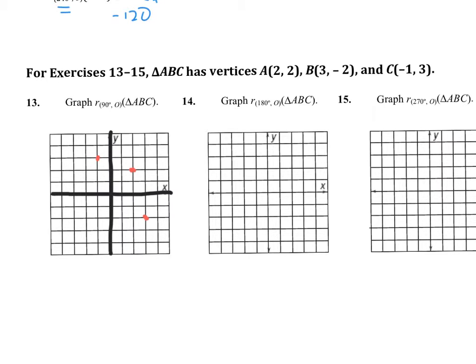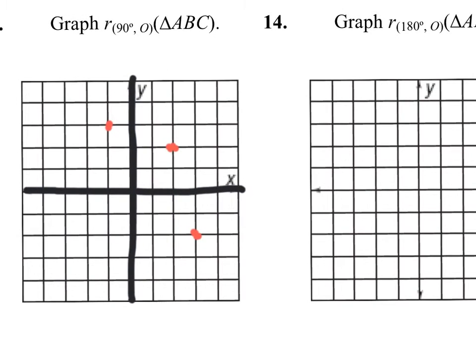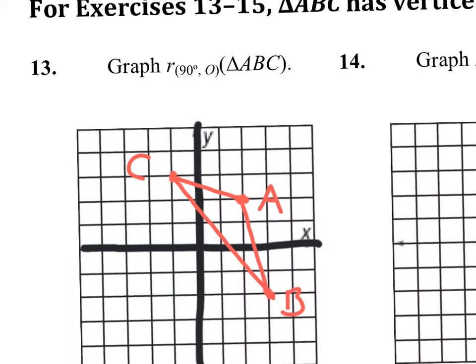Label them accordingly. All right, when in doubt, just make something up. No, I'm just kidding. O there means origin, and the origin is 0, 0.